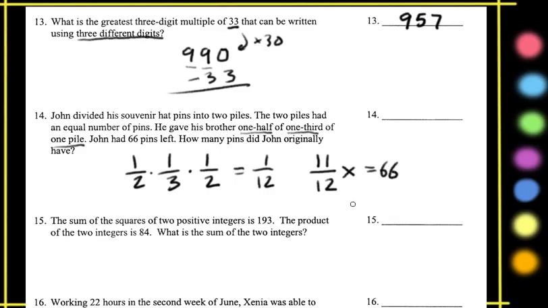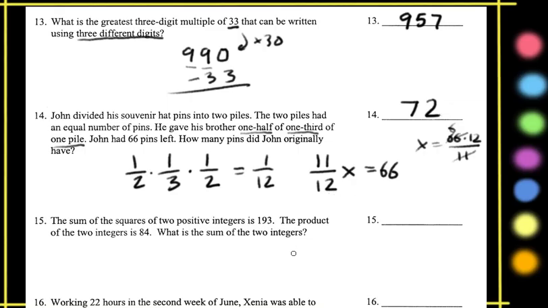Right? Okay, so now we can solve for x by multiplying by 12 over 11. So we will get x equals 66 times 12 over 11. And 66 over 11, fortunately, just cancels out really nicely to give us 6. So x is just 6 times 12, which is 72.